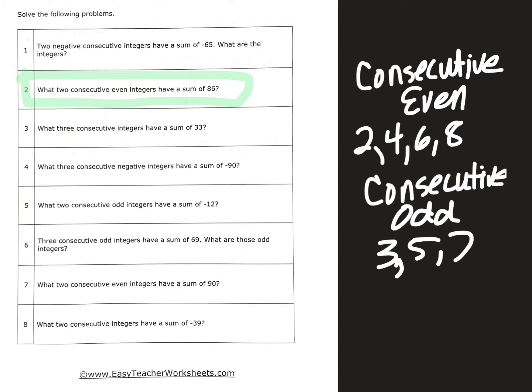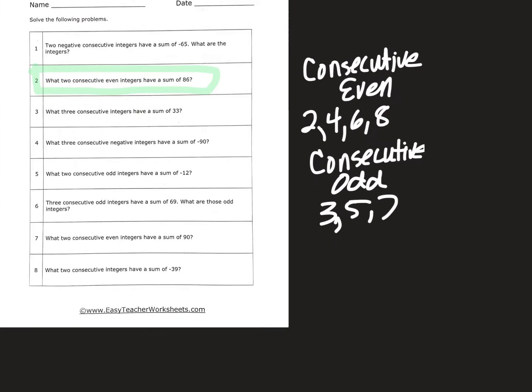So here's the only difference when you set up consecutive even and consecutive odd. And I'm going to use number 2 as my example. Yes, sir? So when you're doing x plus whatever, you do x plus 2 instead of 1 every time. Oh my God, Malik's a genius. That is exactly what I do. Okay, my small is still x.